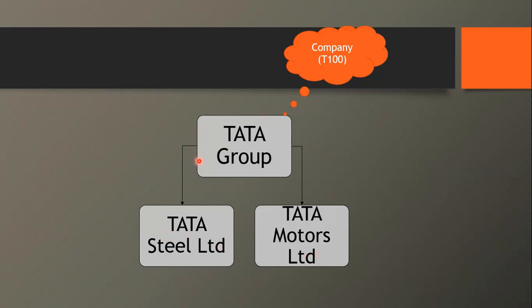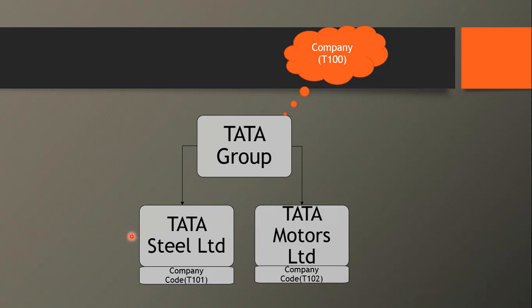As I said, this group company, that means the Tata Group, will be defined as a company in SAP and it will have some unique identification, let's say T100. Under Tata Group, Tata Steel Limited will be defined as a company code, and it will have some unique identification, let's say T101. Similarly, Tata Motors Limited will also be defined as a company code and it will also have a unique identification, let's say T102.